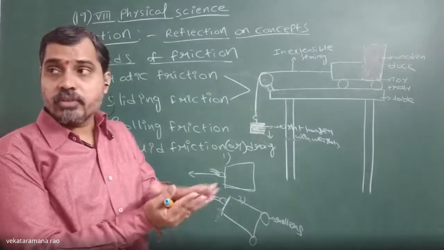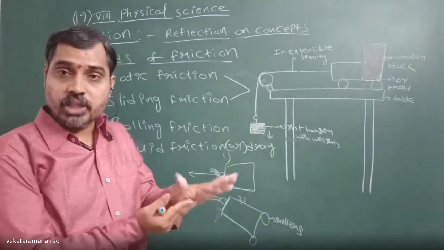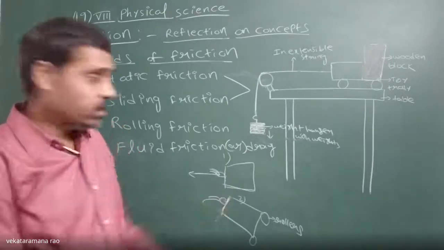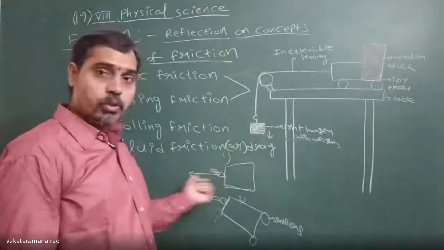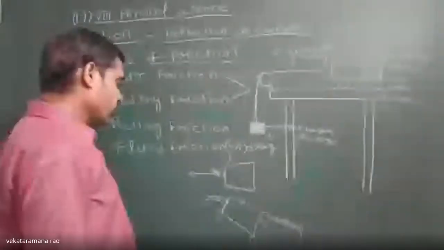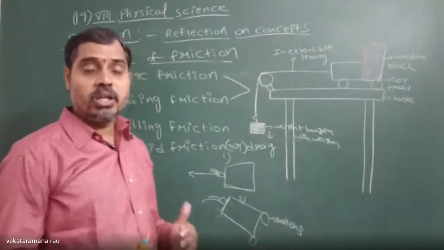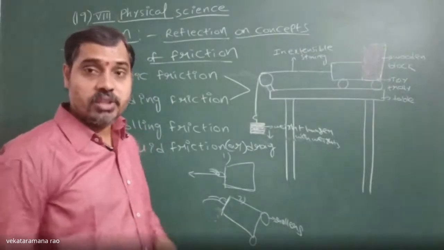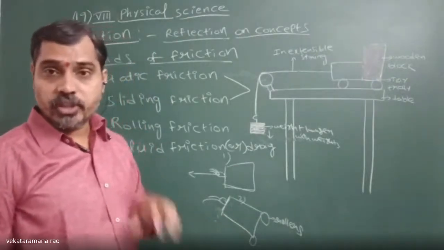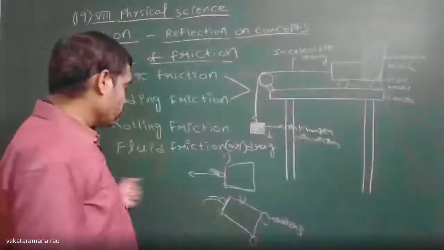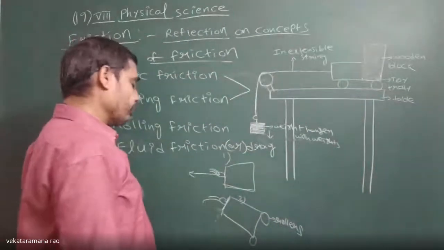As a result, the frictional force is very high, and we need more effort to pull the suitcase towards us. Whereas here, rollers are rolling on the surface of the floor. As a result, frictional force is reduced, and it is easy to pull the suitcase towards us.